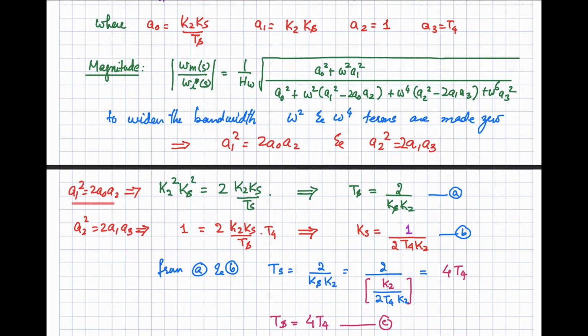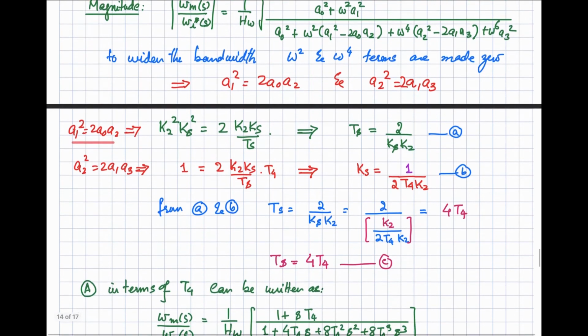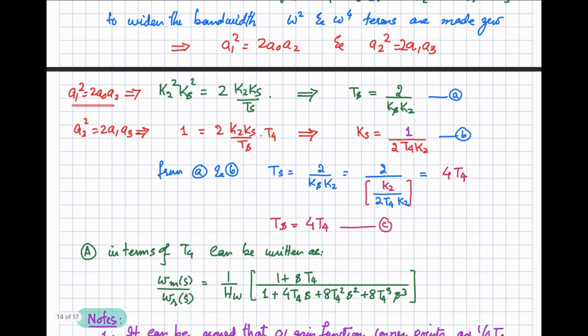From equations a and b, we can relate ts and t4 with each other. From here, ts is equal to 2 by ks into k2, and taking the value of ks from this equation and simplifying, ts will be equal to 4 into t4. So we have this equation after this approximation.